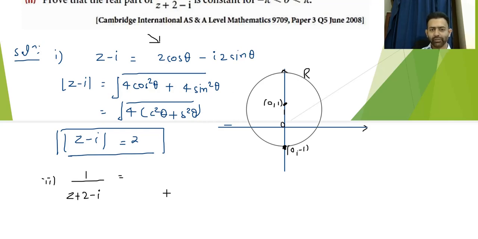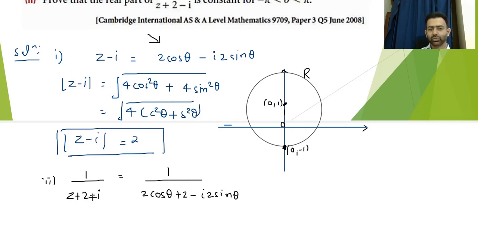So it will become 1 over 2 cos theta plus 2, because here 2 is added, which is the real part. So the real portion will be 2 cos theta plus 2, and again minus i times 2 sin theta.